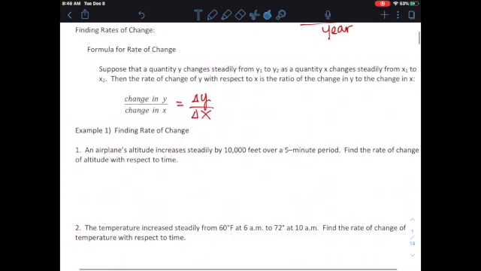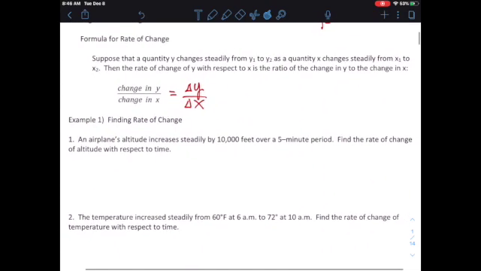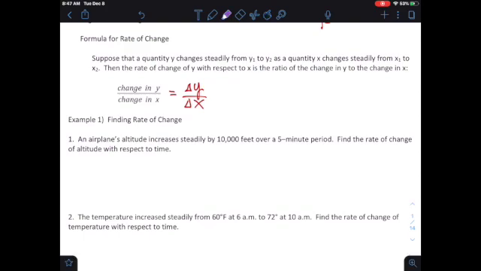So example number 1 tells you to just do that. An airplane's altitude increased steadily by 10,000 feet over a 5-minute period. Find the rate of change. Altitude, this is the very important part. Altitude with respect to time. So therefore altitude is going to go on top.